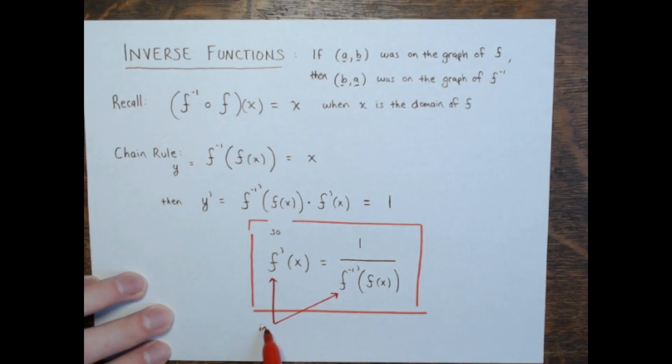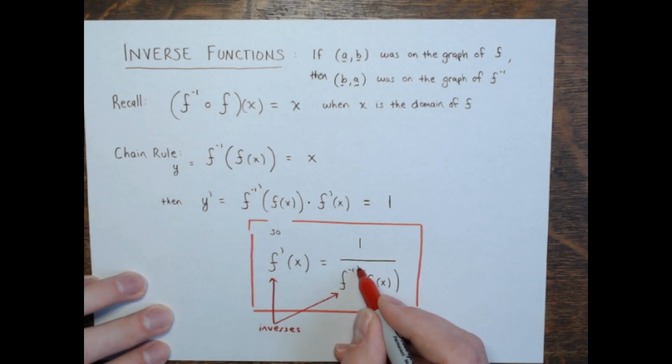these are inverses, so I have f here, and then f inverse down here, the function being primed, or taking the derivative of over here, is the inverse of the function being primed, or taking the derivative of down here.